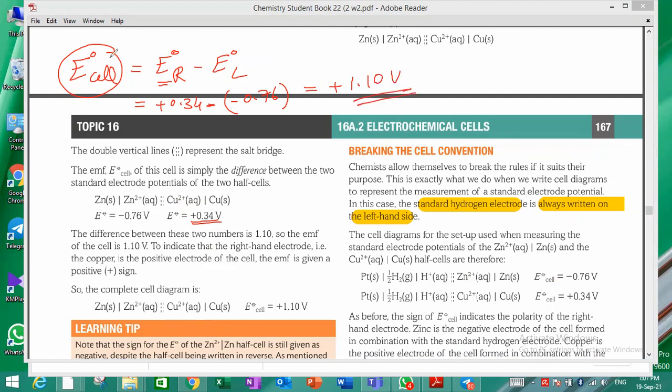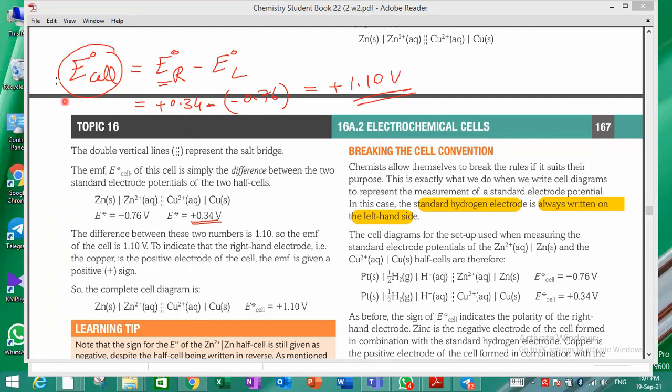So if we want to measure the E°cell between two different electrodes, then we connect the one that has the negative standard electrode potential to the left, and we connect the other one which has the positive value to the right.